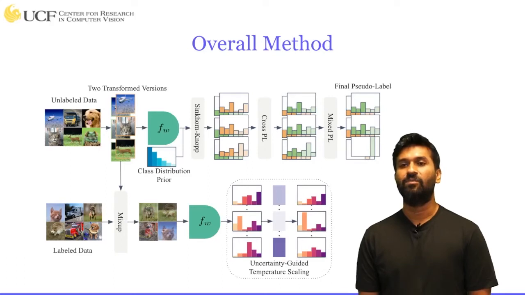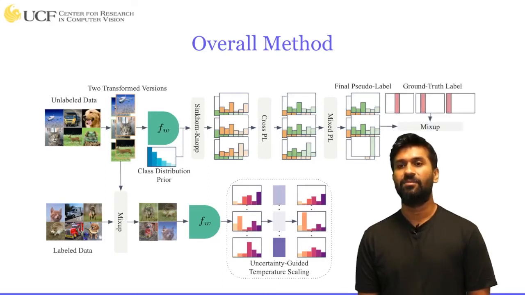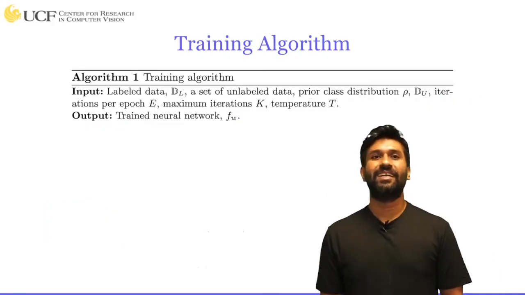And once we have that, since we did mix-up augmentation on the input, we'll have to do mix-up augmentation on the output as well. That means mix-up between the final pseudo-labels and the ground truth labels for the labeled data. Then once we have the output mix-up, we'll compute cross-entropy loss from the network output and the mixed output we have.